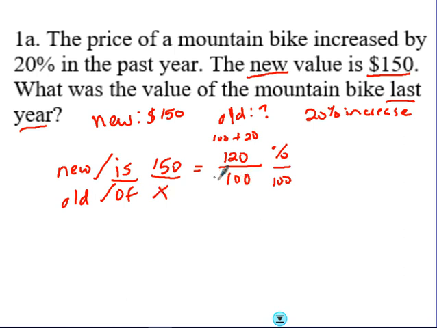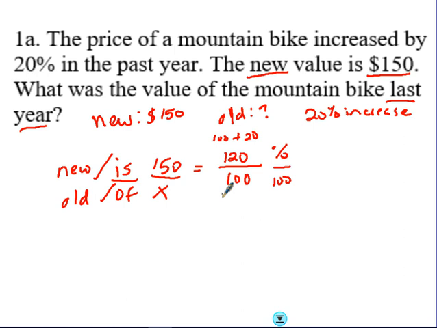The price last year was 100% of the price last year. So to say this one more time, the new amount, $150, is 120% of the old price, which we don't know from last year, and the old price represents 100%. If you take your time and read through the problems in that manner, you'll set them up right every time, and you'll get these questions correctly.